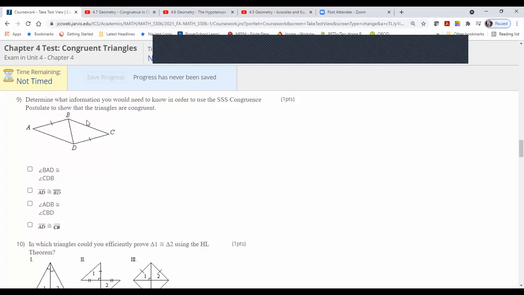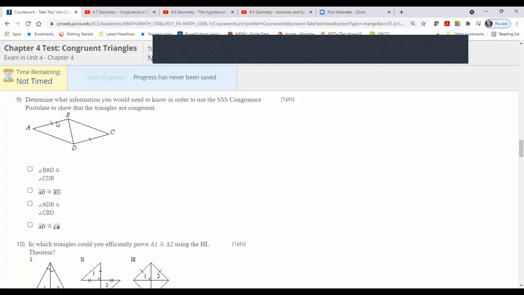Using SSS, so side, side, side, right? So that means you need to determine what information you need to know in order to use SSS.